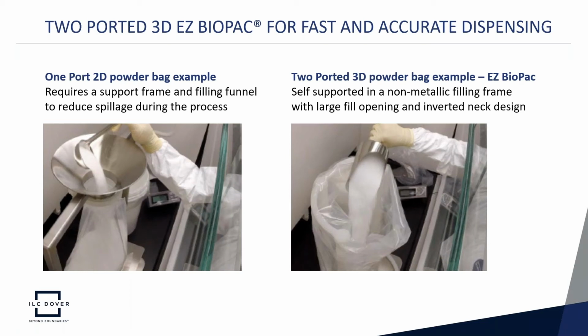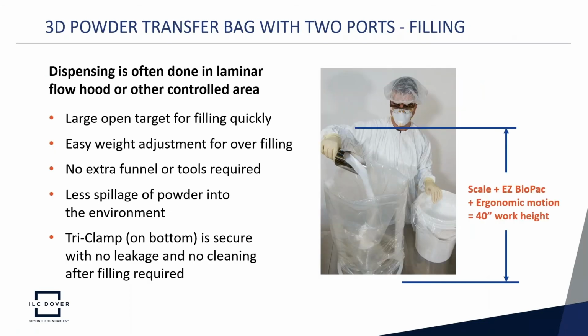Whereas on the 2-ported 3D EZ BioPac, this 3-dimensional circular construction allows for a very large target for filling very quickly, really making that process as quick as possible and as accurate as possible. Jumping into that a little bit further, here we see another example of the EZ BioPac.